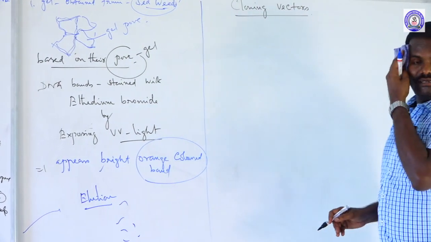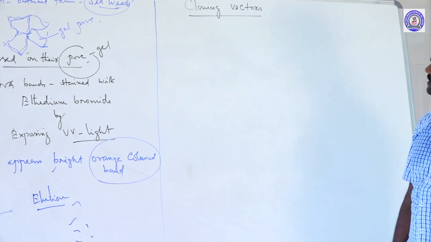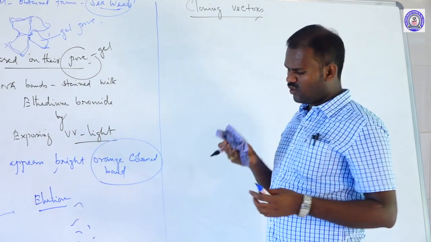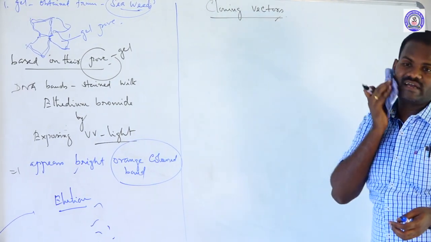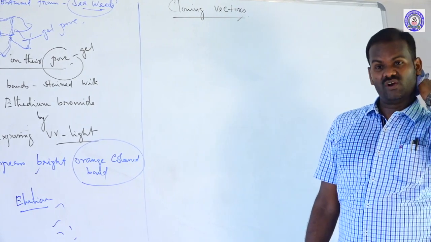The fourth important tool involved in recombinant DNA technology is the cloning vector. What is called a cloning vector? Why do we need vectors? A vector is nothing but a cloning vehicle.